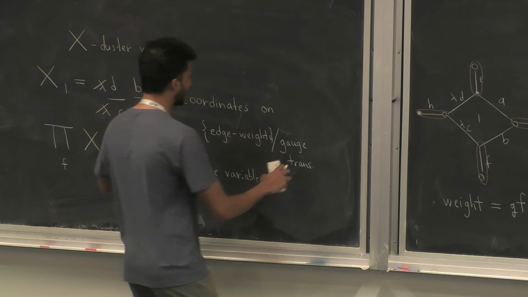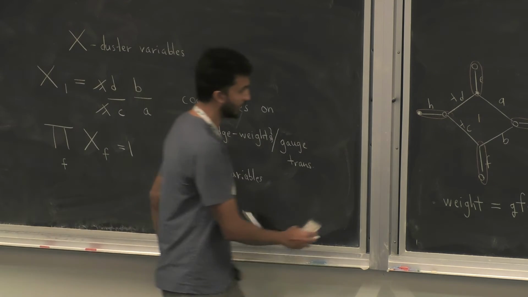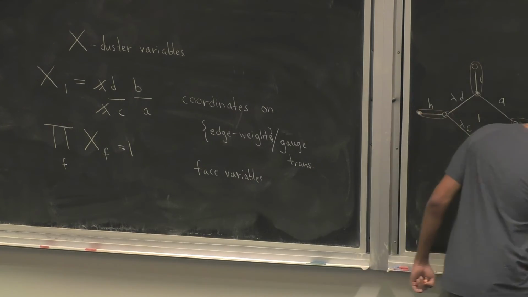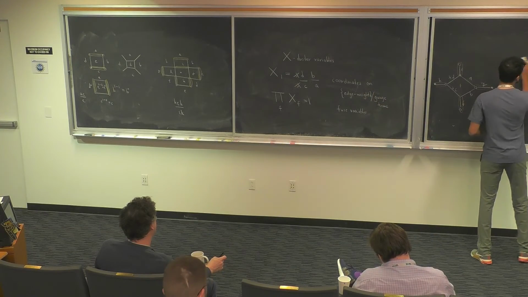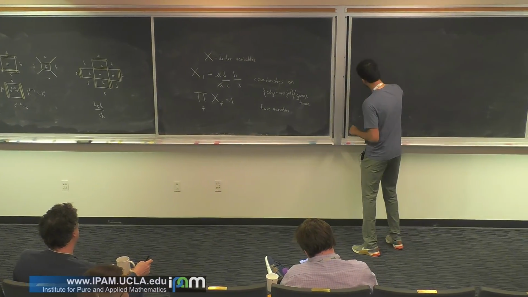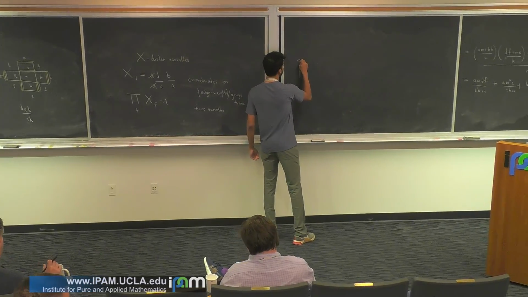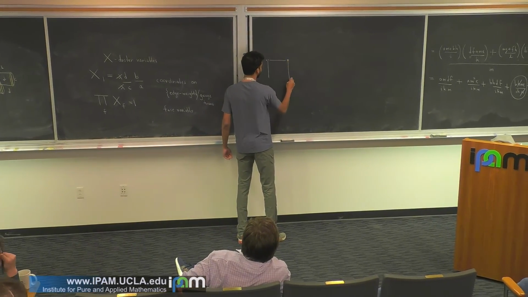Okay, so how should these coordinates transform when you do mutation? So your mutation is this operation over here.